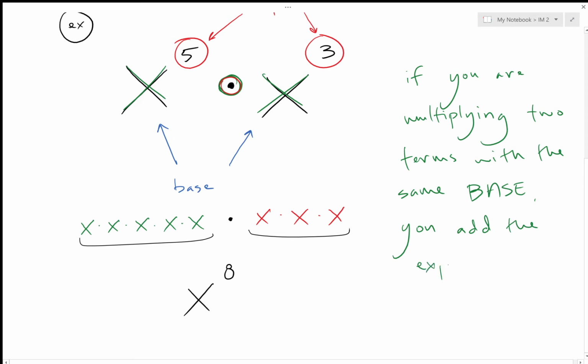Add them together. So in this case, the 5 and the 3 made an 8. So if we're multiplying 2 things with the same base, we're going to add the exponents together.